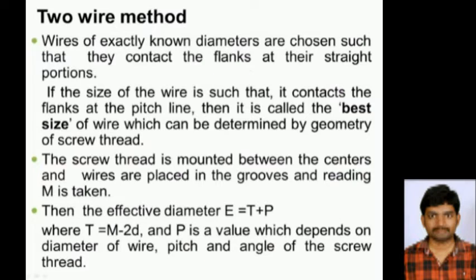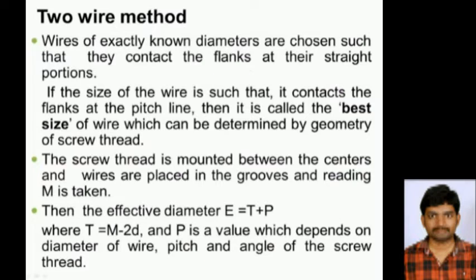After finding M, the effective diameter can be calculated using the relationship E equal to T plus P, where T is equal to M minus 2d, where M is the measurement over rollers, obtained by the micrometer, and small d is the wire size.